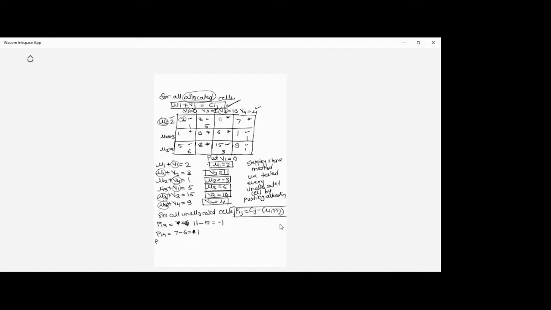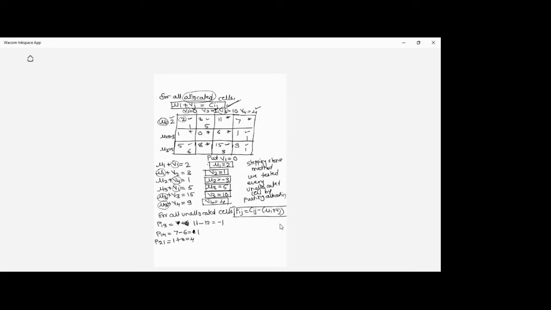Next we have P21. In P21 we have 1 minus (minus 3 plus 0), so minus minus 3 gives 1 plus 3, which will have a value of 4, right?